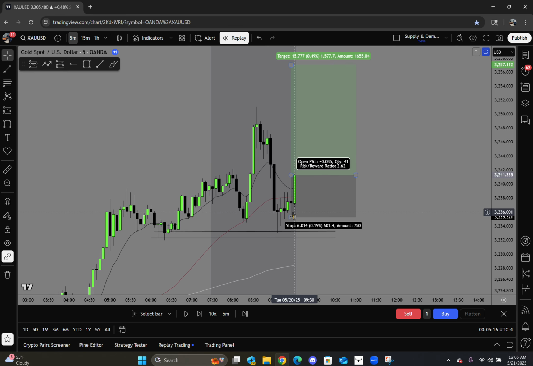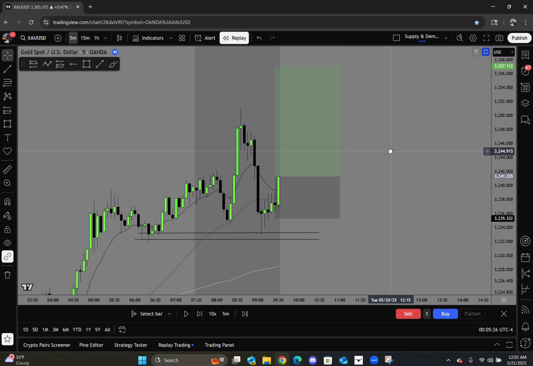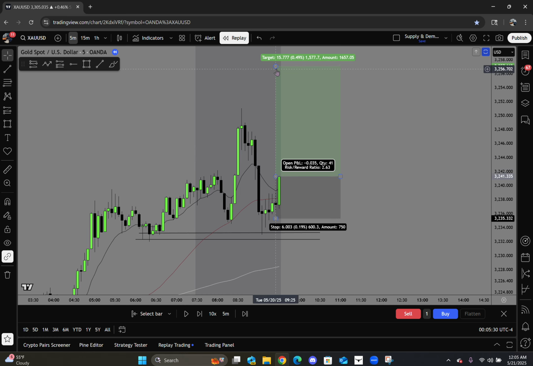I put my stop loss over here where the support starts, basically right here. And as soon as that candle closed, I just bought. First target was obviously 1-to-1 around here. Second target was 2-to-1 around here, but we ended up reaching and grabbing a little bit more from that.